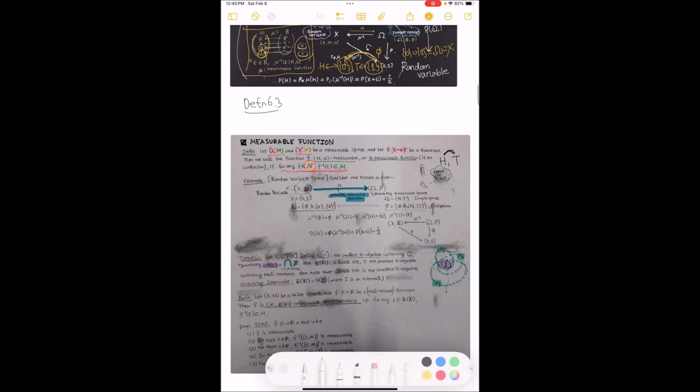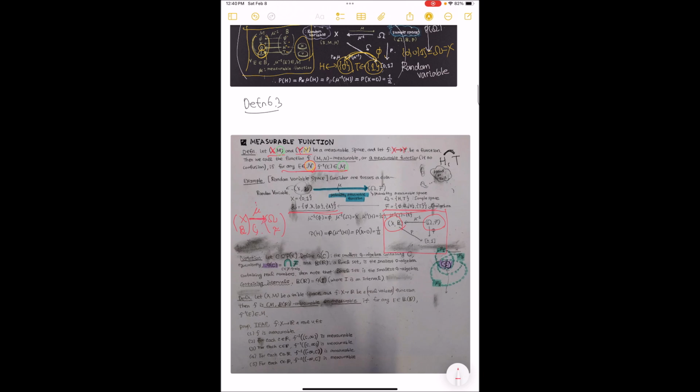In that case, we can consider the following map. If we consider two spaces, X and omega, that is a measurable function. In that case, the probability measure is on F, which is an abstract set.